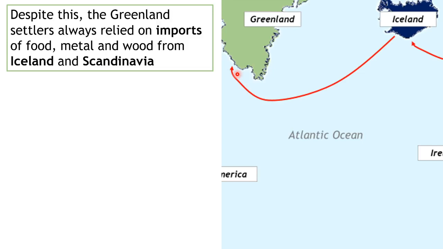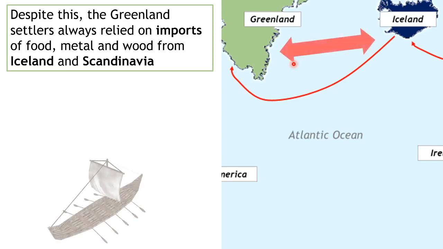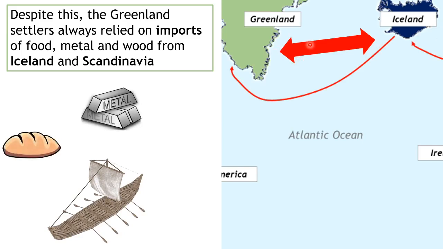Despite this, despite the fertile land and the animals, the Greenland settlers always relied on imports, that's goods coming into Greenland, of food, of metal, and of wood from Iceland and Scandinavia. So in other words, the Greenland settlers would have starved and gone without homes unless boats arrived from Iceland all the time with food, because there wasn't enough fertile land, of metal, because there were no metals in Greenland to make swords, for example, and wood.